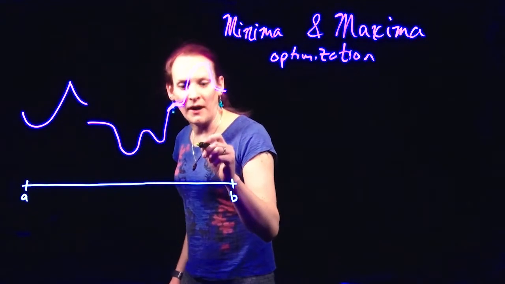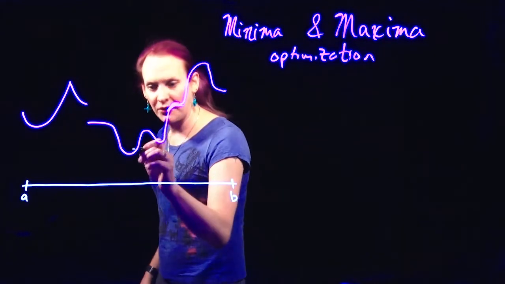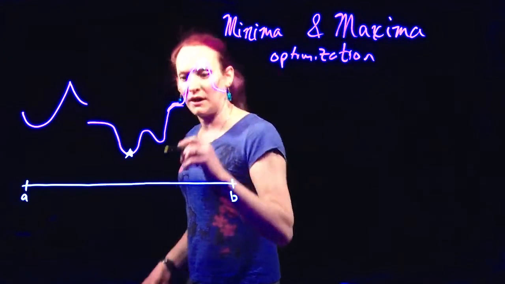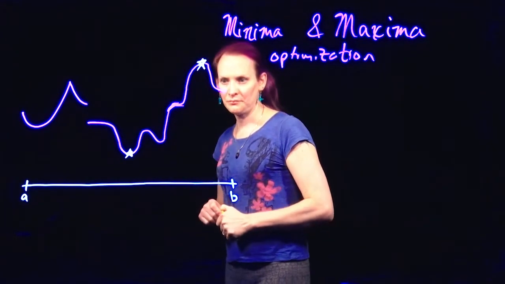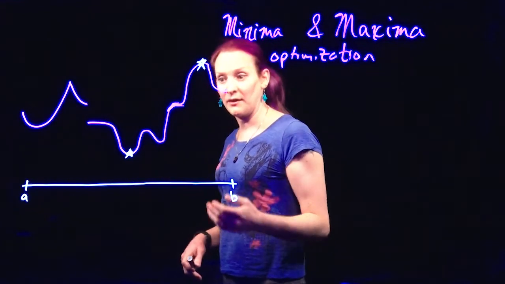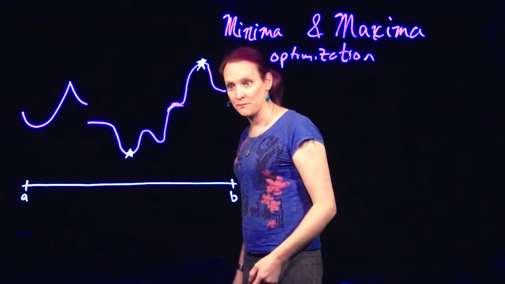Let's see here. We want to find the two places the function is the most extreme. And I think those are right here and right here. So these two points represent the minimum and maximum value of the function.